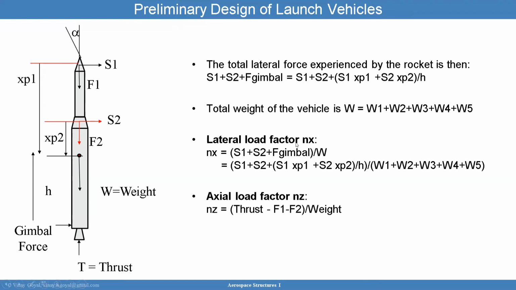So the lateral load factor NX is S1 plus S2 plus F gimbal, so that total force, divided by weight. That's what you get: S1 plus S2 plus all that divided by weight. And notice how this is also equal to the lateral load factor because of inertial effects.